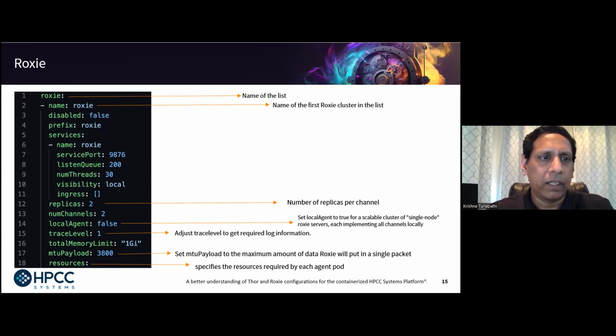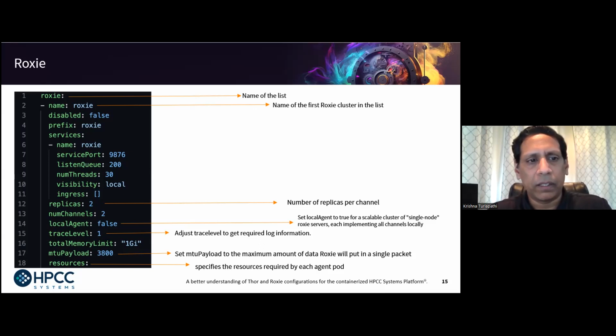Then you have the services, which is which service port Roxie is running on. If you have used HPCC Systems on-prem or on cloud, you would always use the 9876 port for the Roxie services. Then the listen queue, then the number of threads that are running, and then the visibility, whether Roxie is only visible locally or globally.